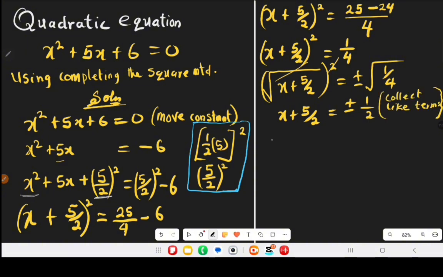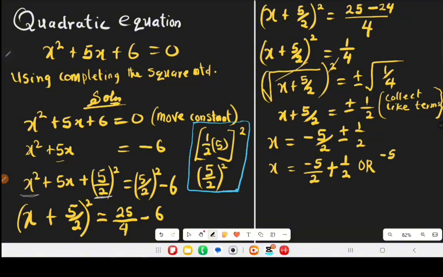If we collect like terms, we have x equal to minus 5 all over 2 plus or minus 1 all over 2. x equal to minus 5 over 2 plus 1 over 2, or we take the minus sign, minus 5 over 2 minus 1 over 2.